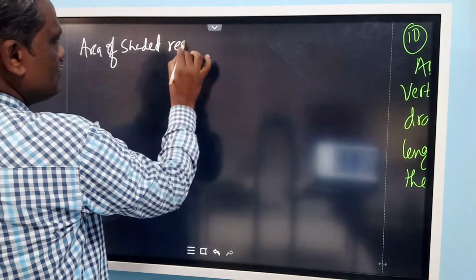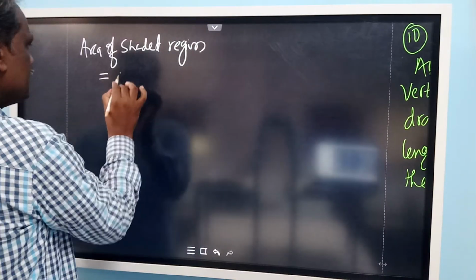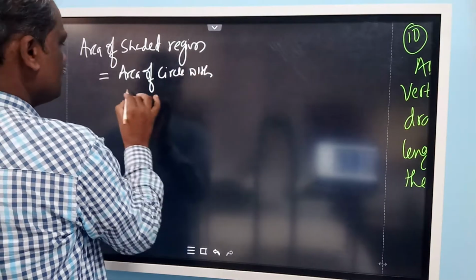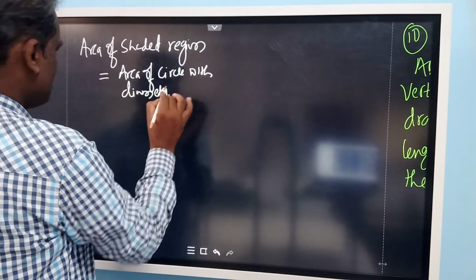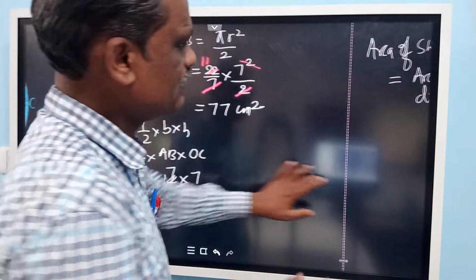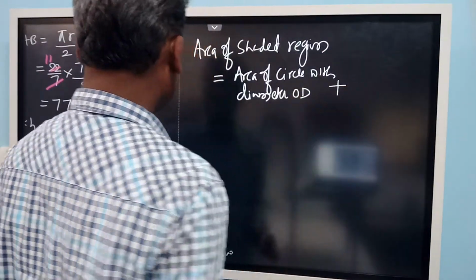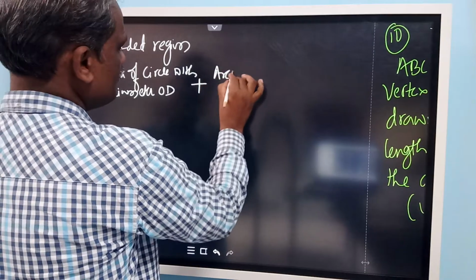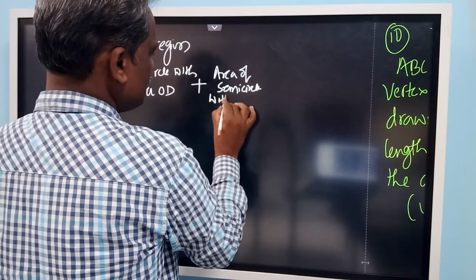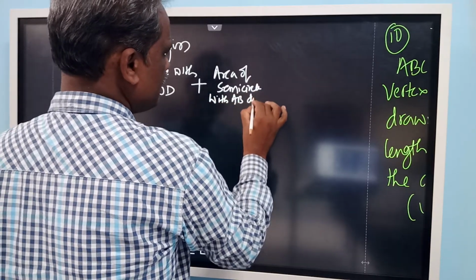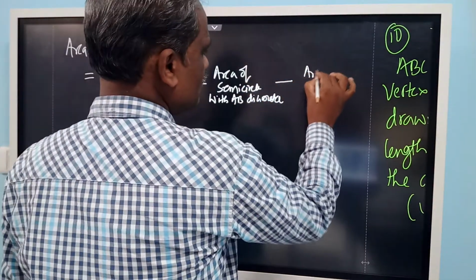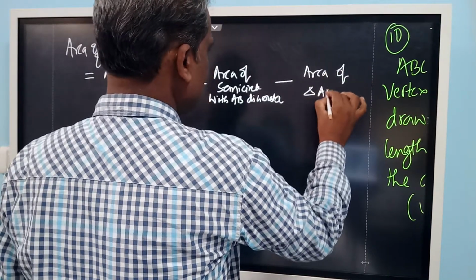Area of shaded region is equal to area of circle with the diameter OD, plus area of semicircle with AB as diameter, minus area of triangle ABC.